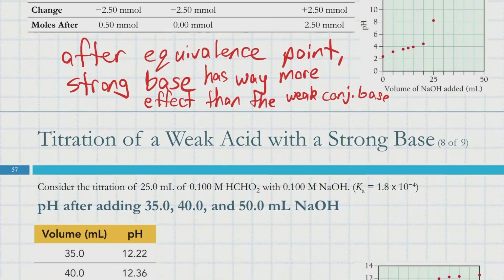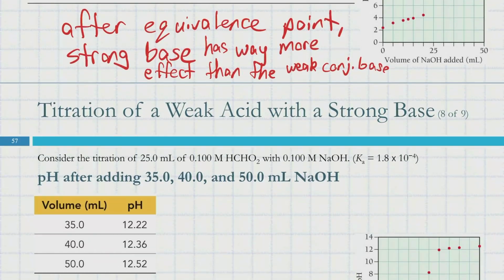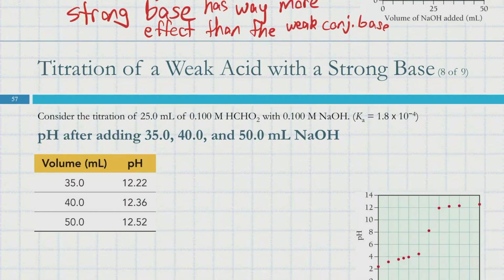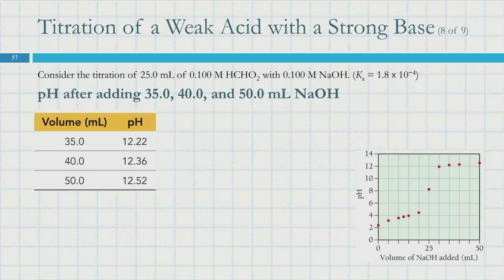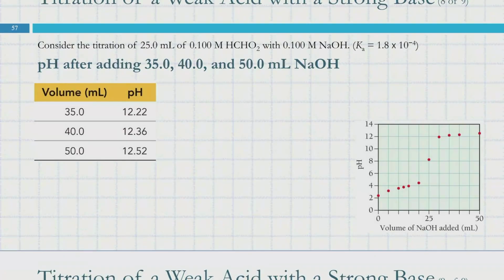If we continue on with a couple more data points at 5 milliliter increments, that finishes out this top end of our curve. These are more calculations that you could do if you wanted to, but to save time, we're going to skip them.